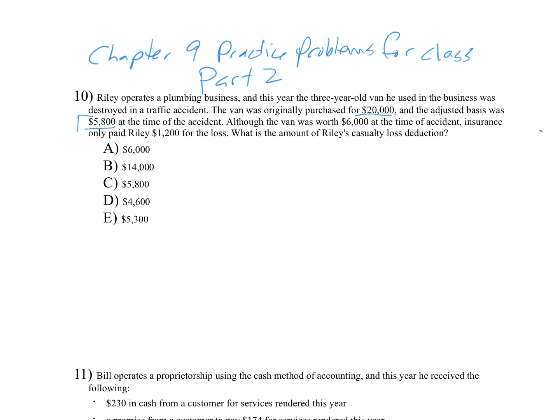Its adjusted basis is now $5,800, so he'd been depreciating it across those years, which is what he should have done. Although the van was worth $6,000 at the time of the accident, the insurance company only paid him $1,200 for the loss of his vehicle. What is the amount of Riley's casualty loss deduction?